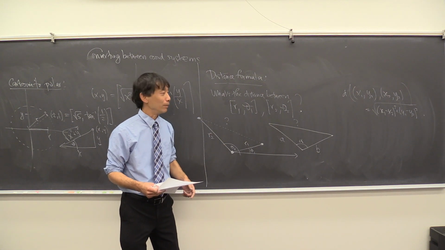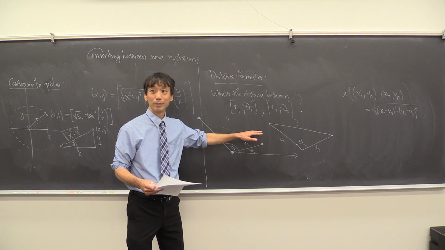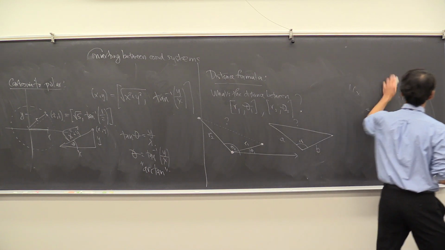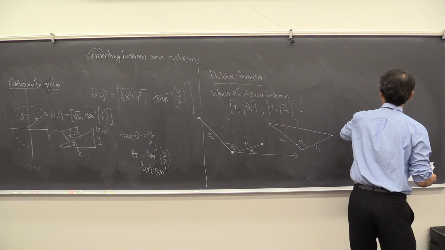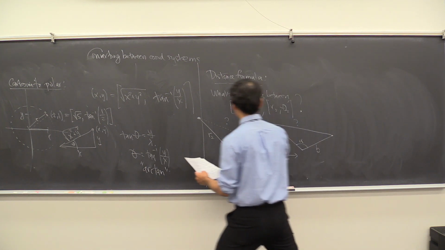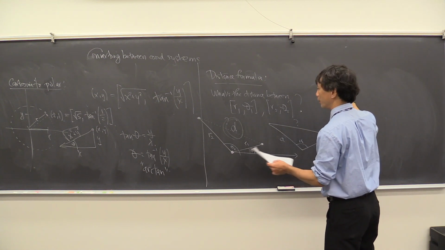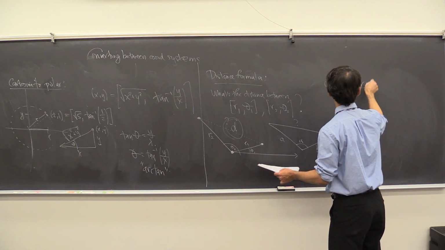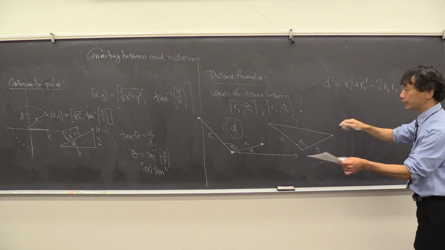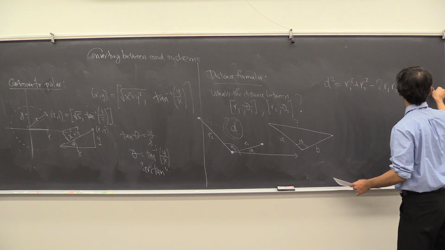Well, does this sound familiar? What are we going to use? The law of cosines. So what does the law of cosines say? It says that the distance, which I'm going to call d, squared is equal to a squared plus b squared minus 2ab cosine of c, the cosine of the angle here, which is theta 2 minus theta 1.